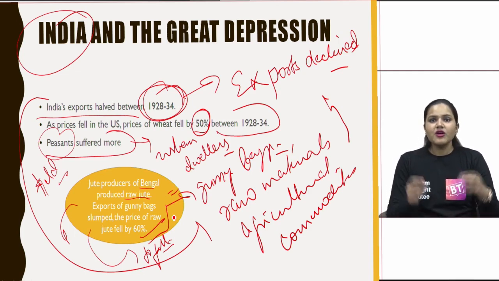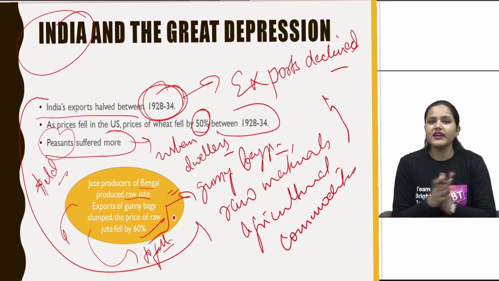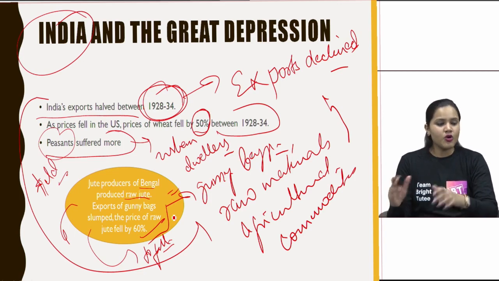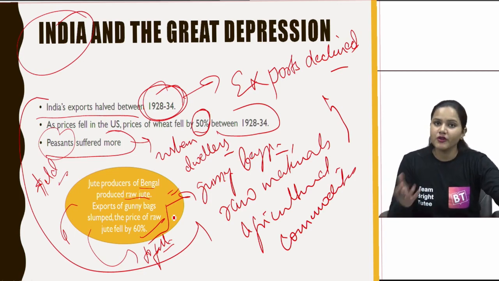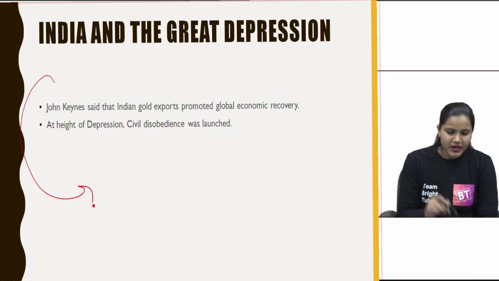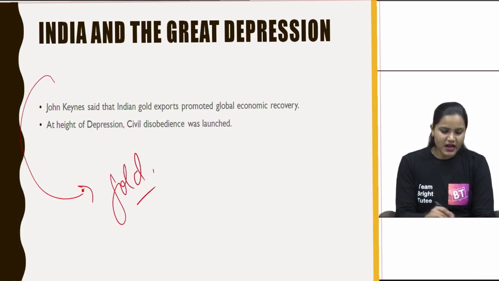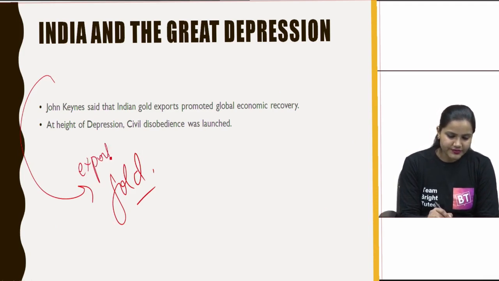All these people had to go and sell whatever land, money, gold, or any asset that they had in order to get money back. During this period in India, we see that people started exporting gold.